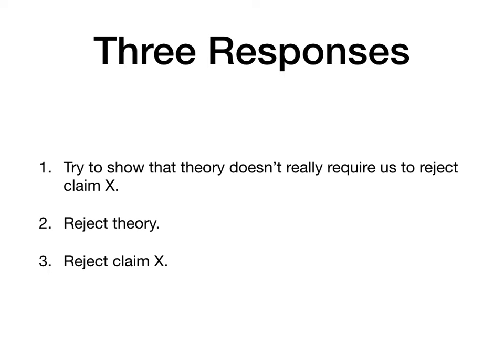One, we can try to show that the theory doesn't really require us to reject this moral claim, right? We'll see how a lot of different philosophical theories try to do this, because all the ones we're going to look at are going to conflict with some common moral judgments, and a lot of times the response will be, well, it seems that the theory says not to do this, but if we look closer, it actually fits with common sense.